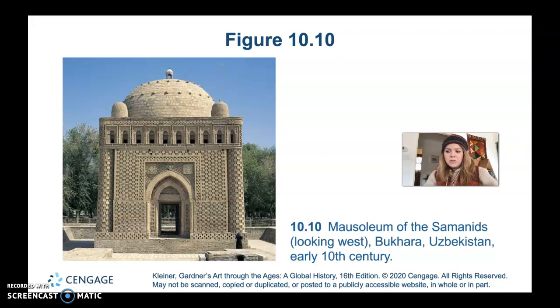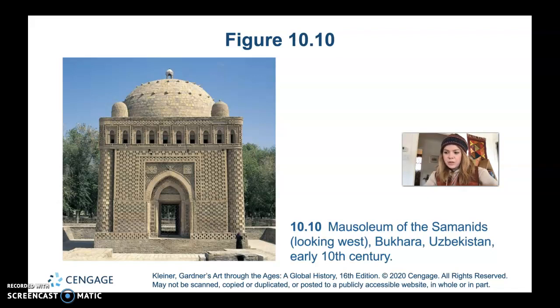So the caliphs in Baghdad were the ultimate authority, but there were other rulers that ruled the eastern realms of the Abbasid Empire, and these rulers enjoyed considerable freedom and independence from the Western rulers. So the Samanids ruled over the frontier beyond the Oxus River on the border with India. So they're a little bit further towards India, further east.